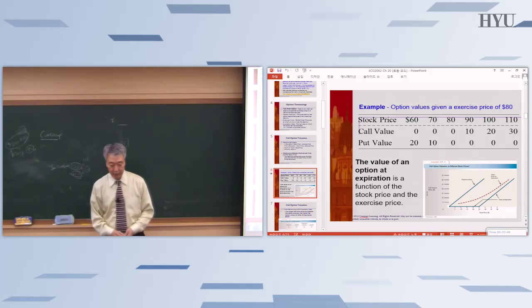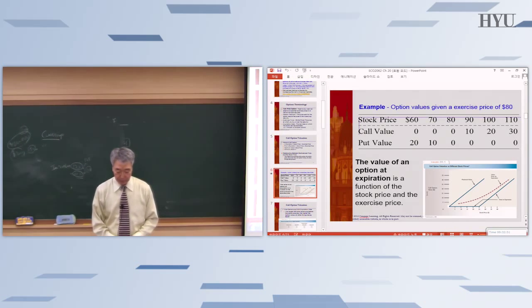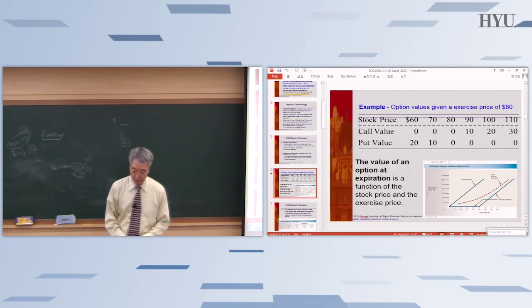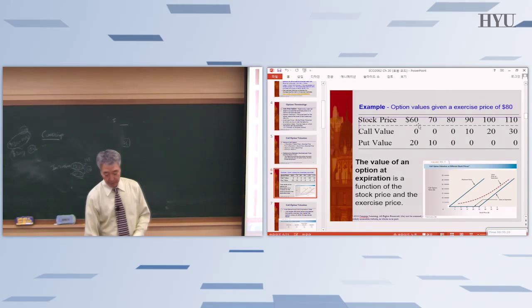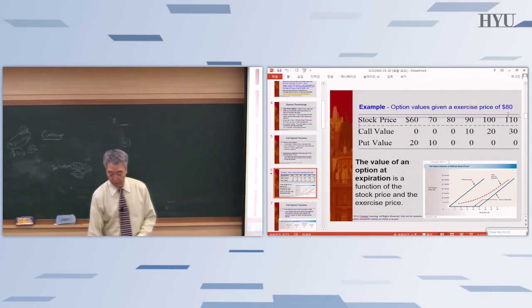So here's an example. Suppose you are holding a call option; we have both call and put options here. Suppose the strike price was $80 for both. Think about the call option first. If the current stock price is $60, how much is it worth to you? 0, because you're holding a call option, which is the right to purchase at $80.